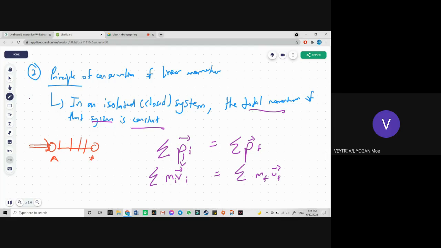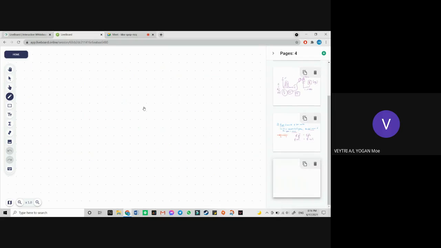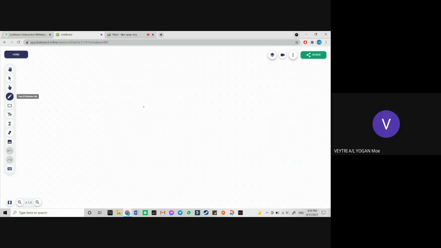Okay. Now, let me move on to an example. Alright, okay. Let's say we are talking about a ball. A ball, let's say a ball moving this way with 3 meter per second. Itu velocity dia. Ball dia apa? Let's say 1 kilogram.